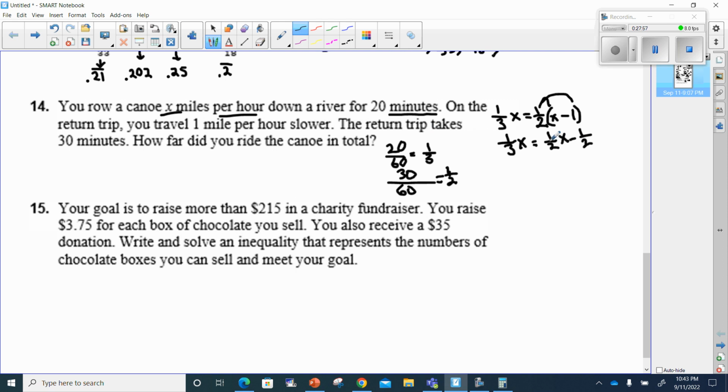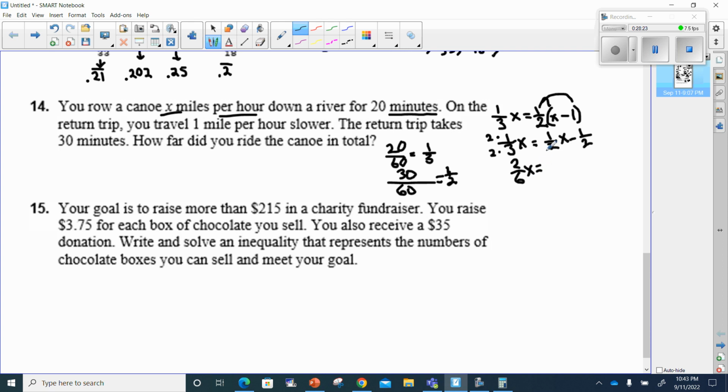When I do this, I'm going to have to get my variables with a common denominator so I can combine them. I know the common denominator is going to be 6. I want to know which one's bigger, right? So if I multiply this by 2/2, this becomes 2/6 x.